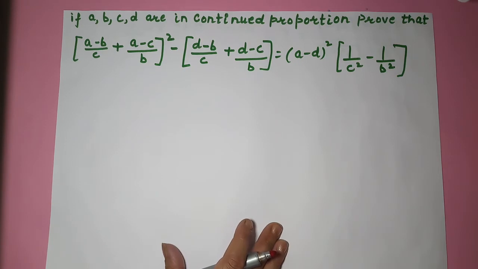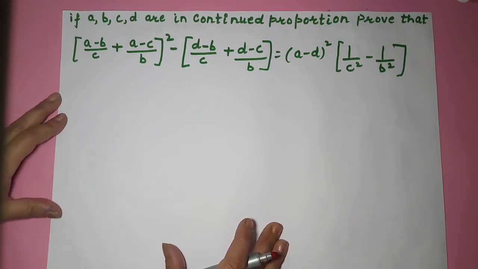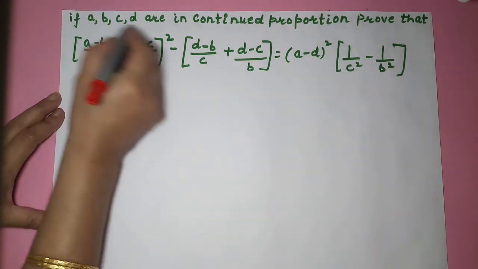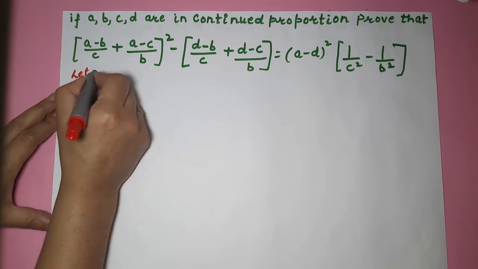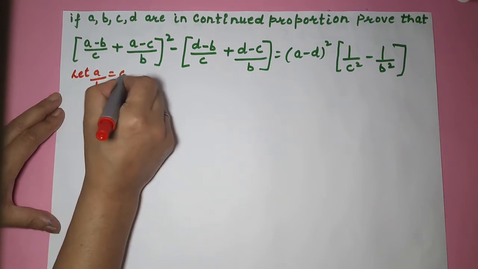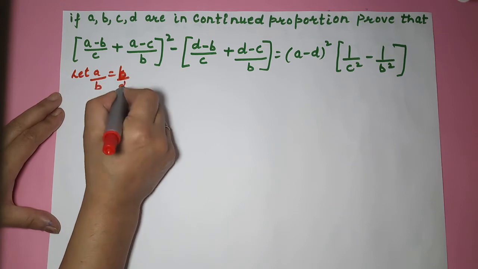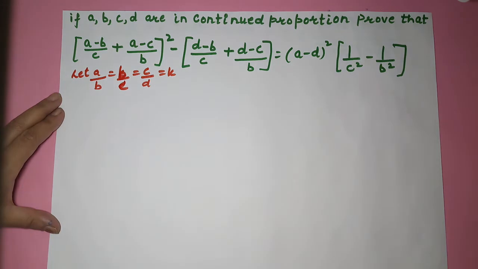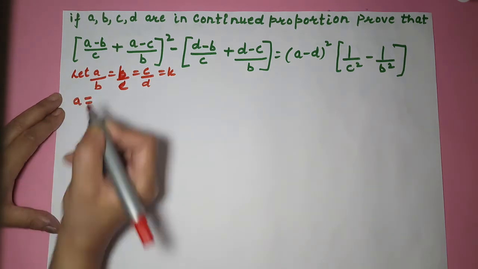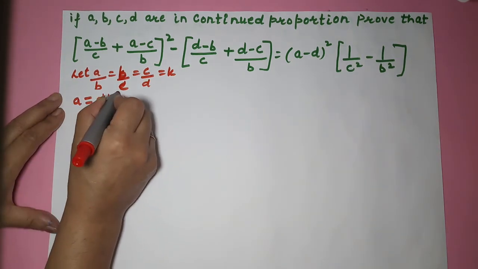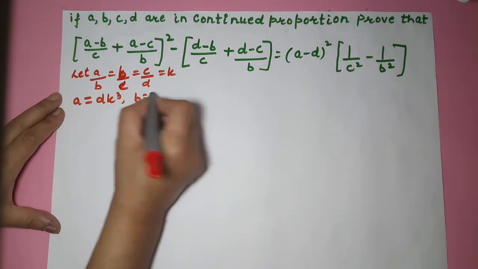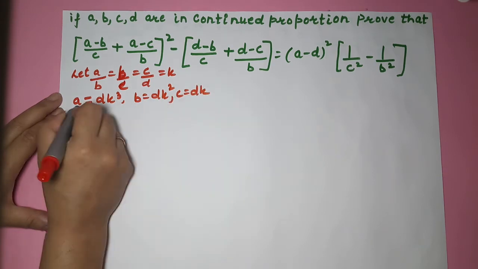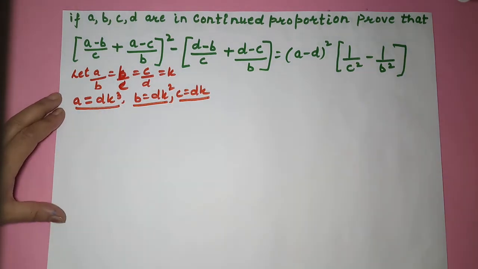One more question on continued proportion, this time a little difficult. So I am clear how I have to write this. Let A by B is equal to B by C is equal to C by D, because A, B and C are in continued proportion, is equal to K. And I also know that now A is equal to DK cube, B is equal to DK square, and my C is equal to DK, and I have to replace only these now in the question.